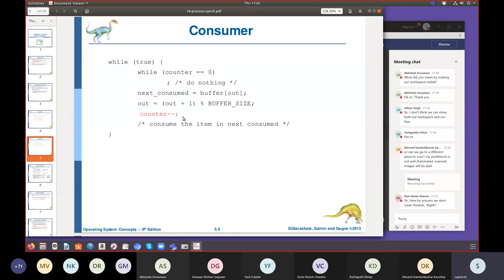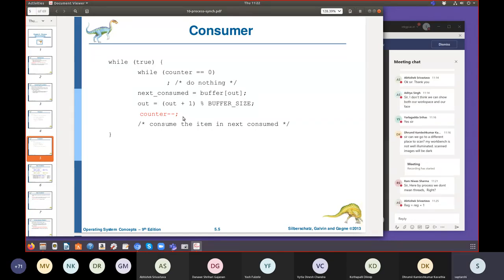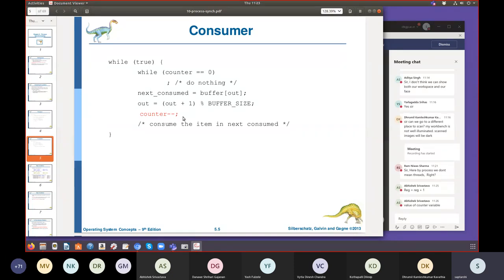So the first question is, okay, Abhishek says reg equals to reg plus 1. But what is in reg? So let me ask a related question.